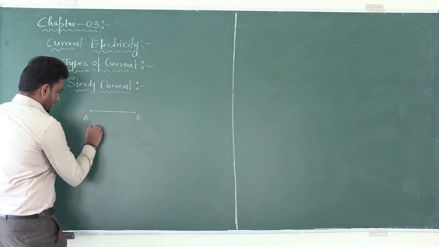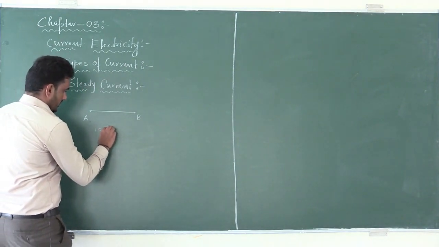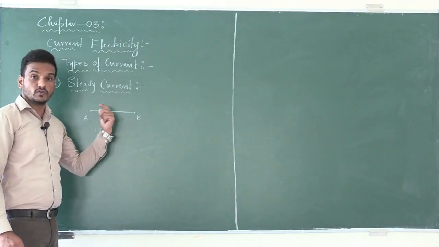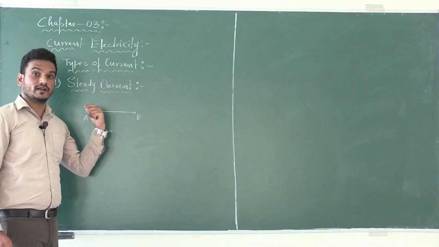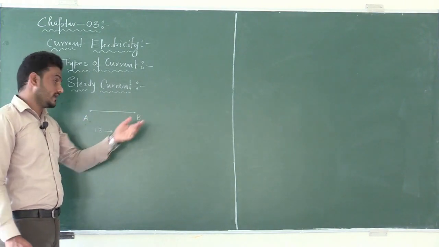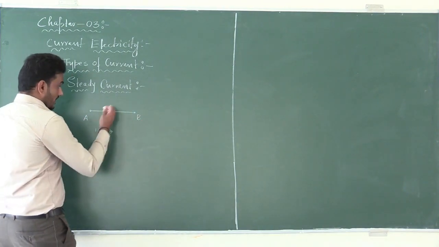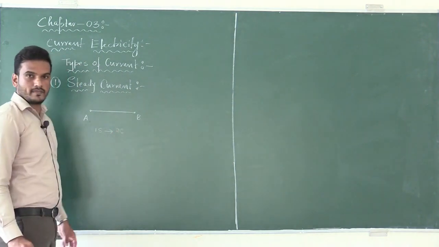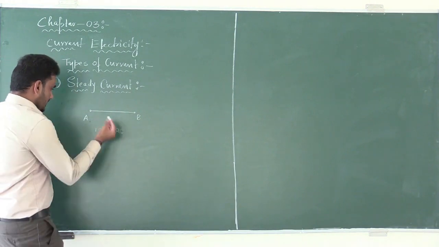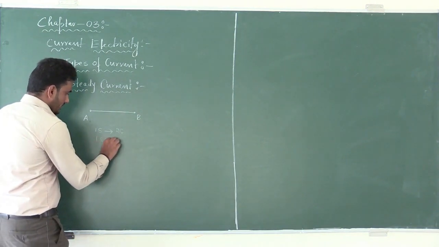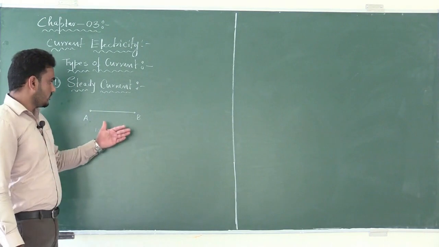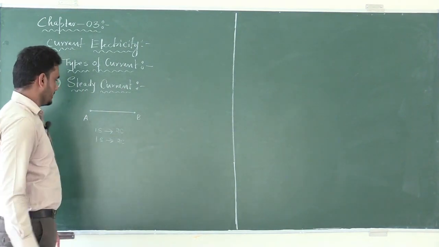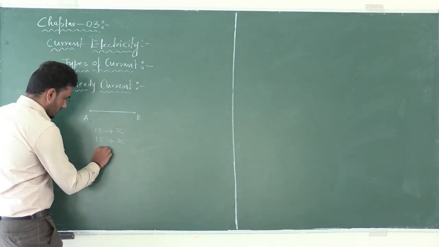Suppose in the first second, the magnitude of the charge that flows through the metallic conductor is, for example, 2 coulomb. In the next second, once again, the charge that flows through the conductor is 2 coulomb.